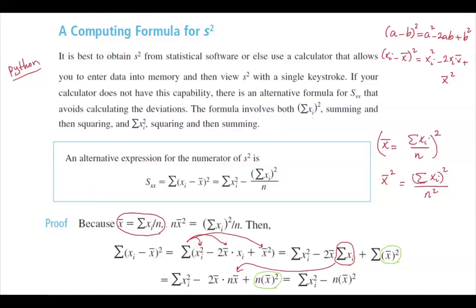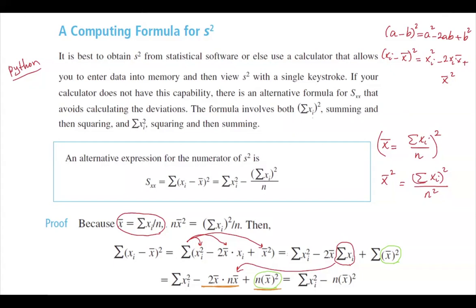Please note that here you have negative 2 n x bar to the second plus n x bar to the second. If you combine these two together from algebra, this is negative n x bar to the second. Very good.